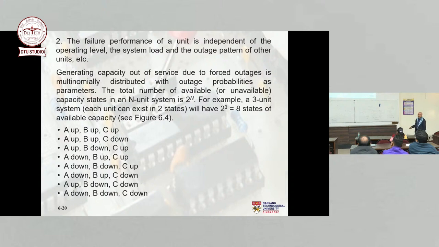For example, if I've got 2 generators, each generator can have only 2 states, up and down, then the total number of states is 2 to the power 2, which is 4, correct? If I have 3 generators, it is 2 to the power 3, which is 8, and so on and so forth. So these are the states for a 3-generator system. All 3 are up, C is down, B is down, A is down, and so on.